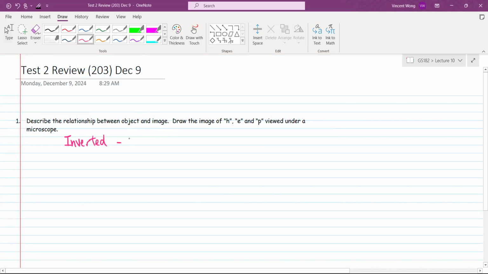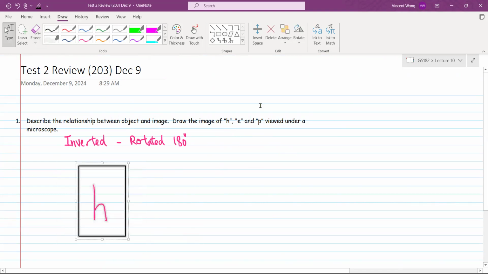Okay, inverted means rotated 180 degrees. Draw the image of H, E, and P. If you are stuck on the test and you're not sure how to draw it, the best way is just draw it normally, and then you physically rotate your paper, okay?